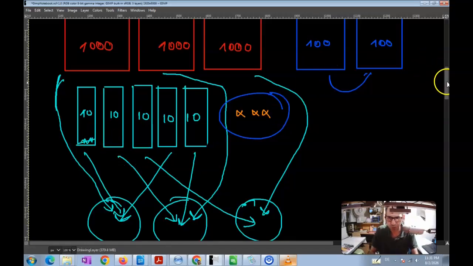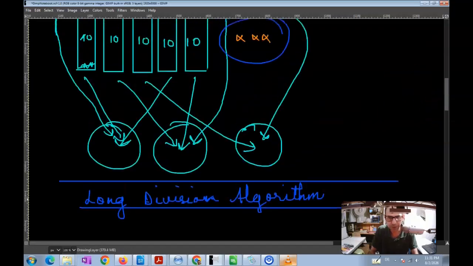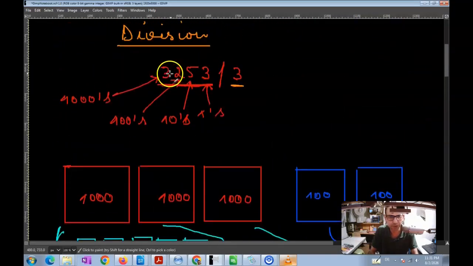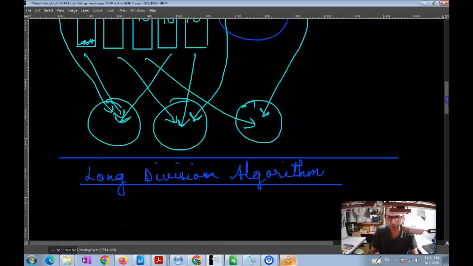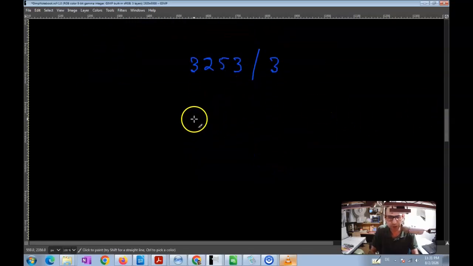Okay, so suppose that we have the exact same number over here, 3,253, and you want to divide it by 3. Now in the long division algorithm, the way you would write it is 3253 and then divide that by 3.